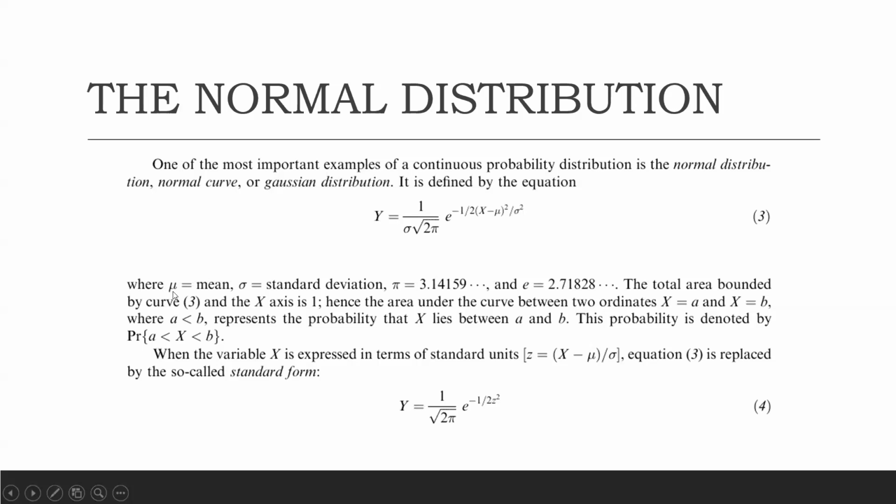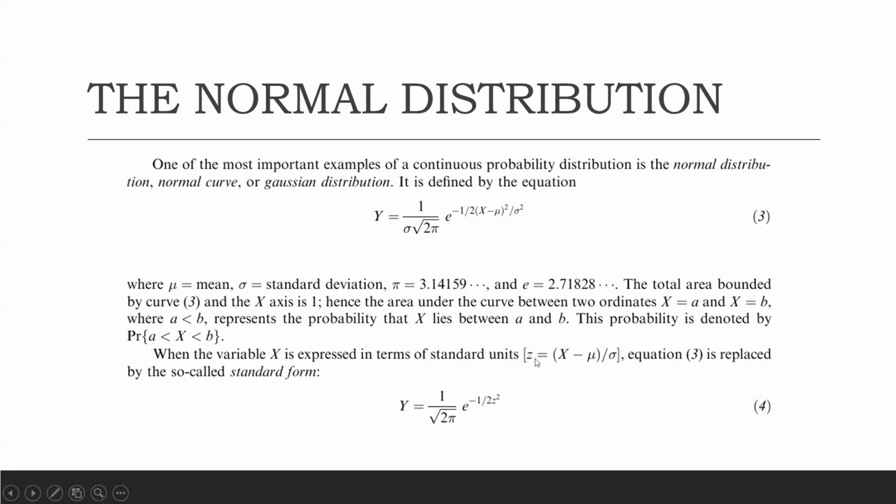Where mu is the mean, sigma is the standard deviation, pi is a constant value, and e is also a constant value. The total area is bounded by the curve. If you can memorize this equation, it will be very easy to calculate final answers.